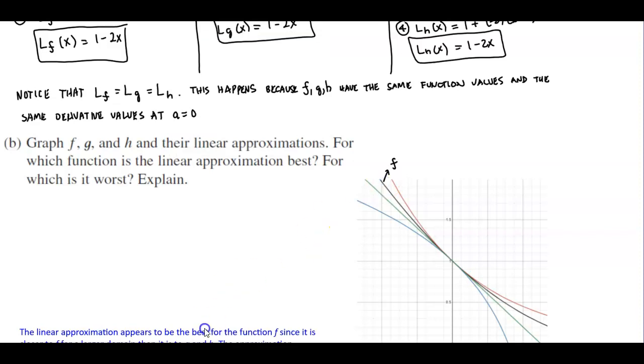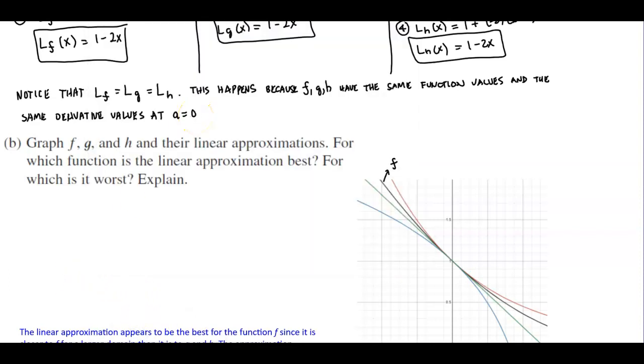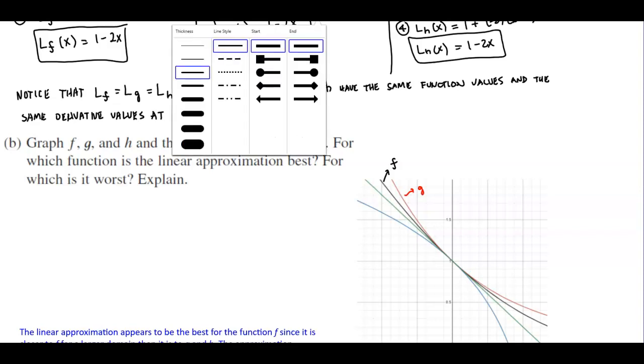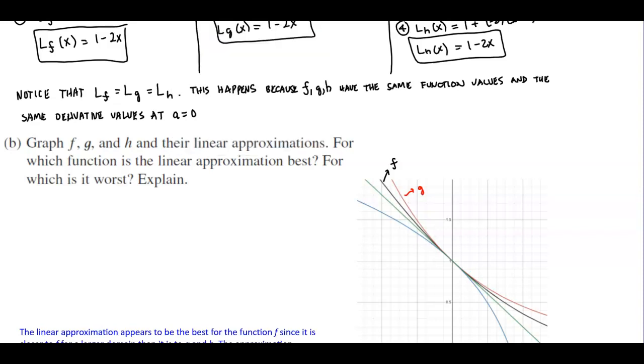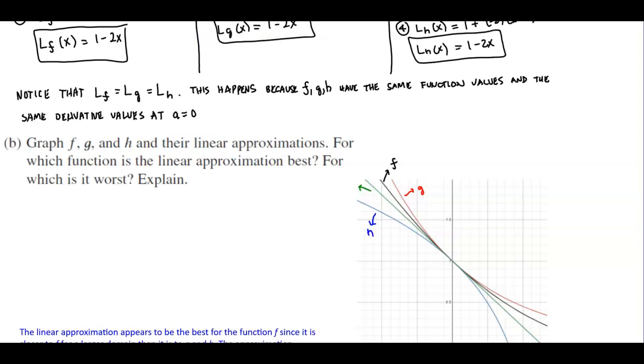I believe g is the red, and then the blue is h, and the green represents the linear function.